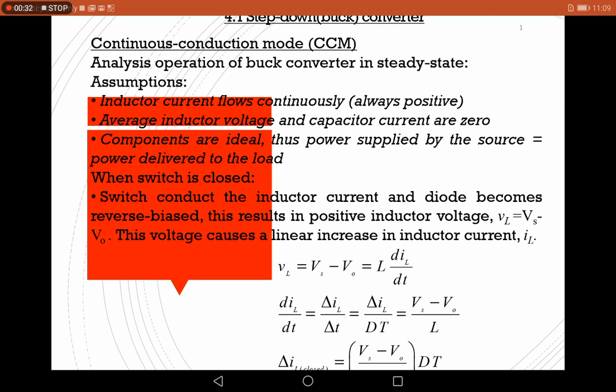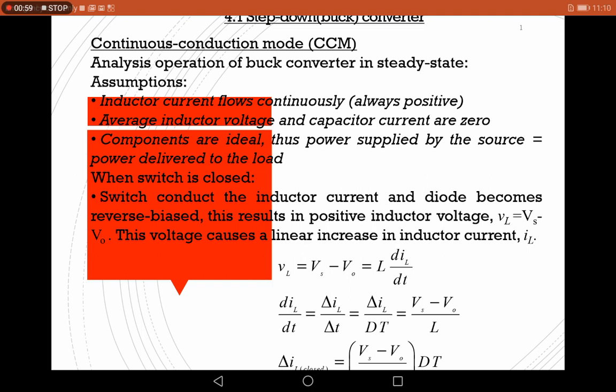Alright, so in order for us to do the analysis with regards to the DC to DC converter, in finding the voltage and the current, we will focus on the CCM first, which is continuous conduction mode. We need some assumptions to ease the analysis.